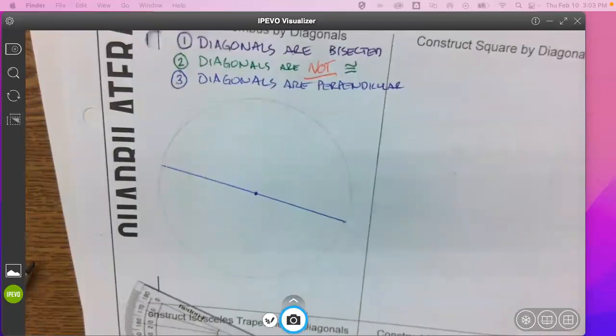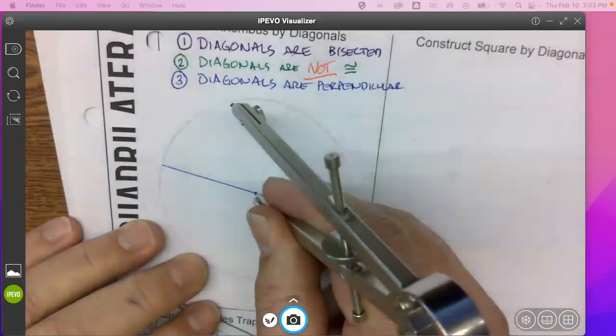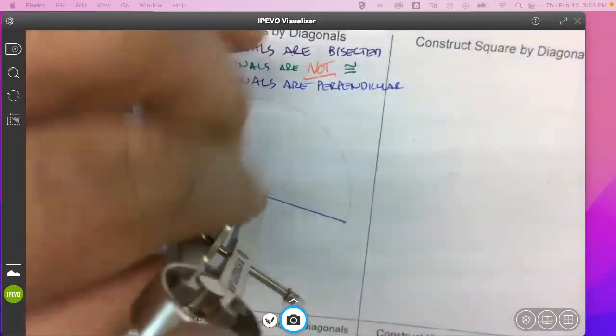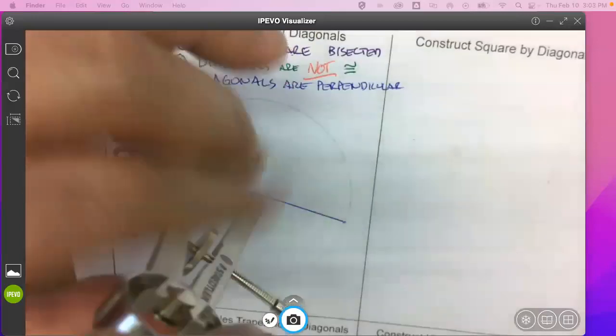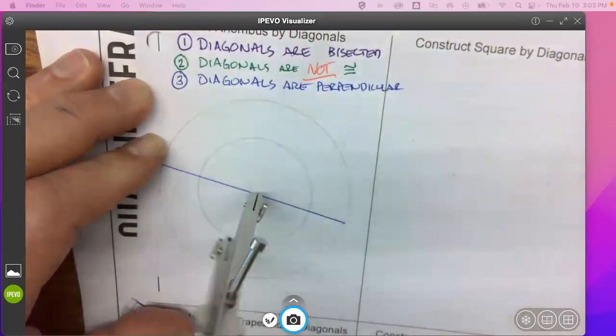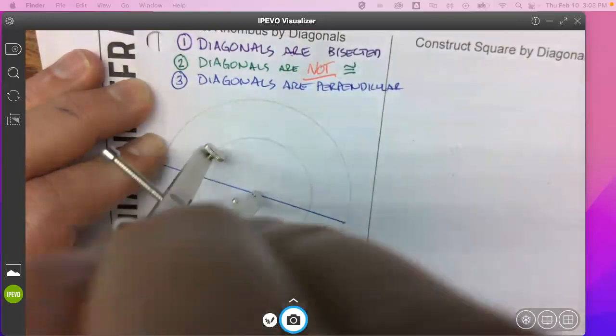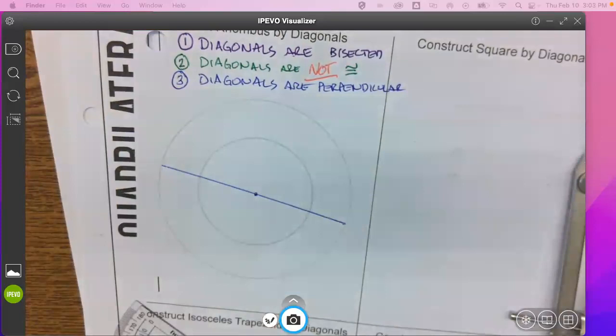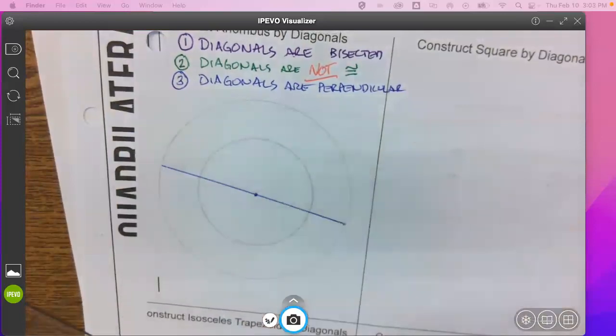When it says diagonals are not congruent, what does that scream out to me? Good. We need a second circle that has a different radius. So go to the same center, reduce the radius to construct a concentric circle. But now I need the diagonals to be perpendicular. How do we make perpendicular?